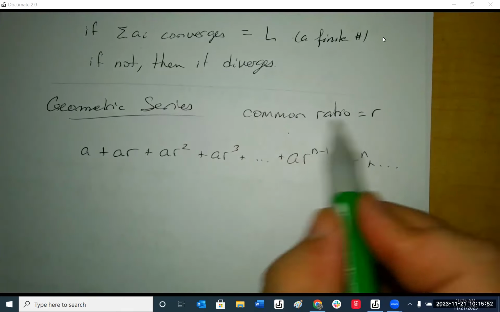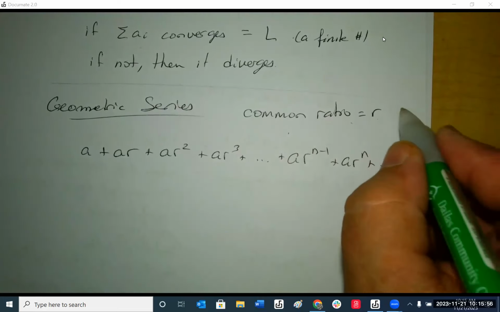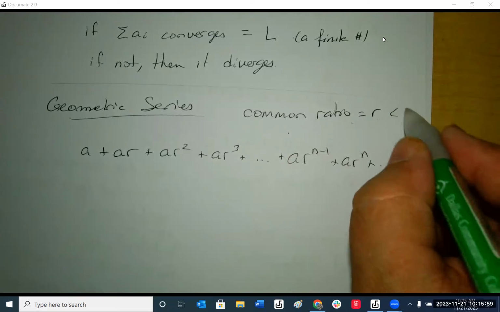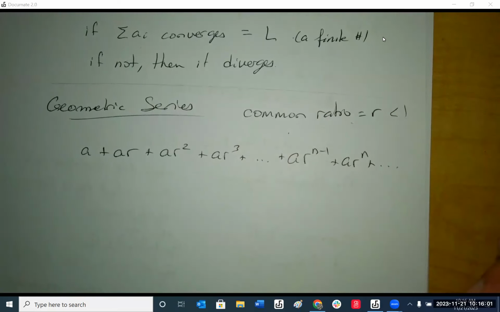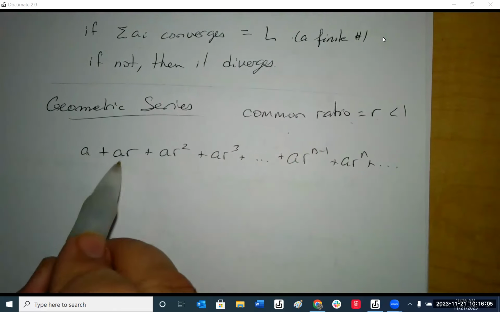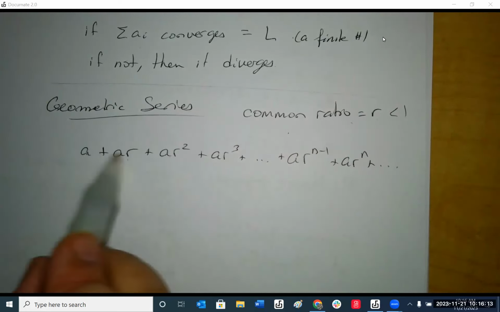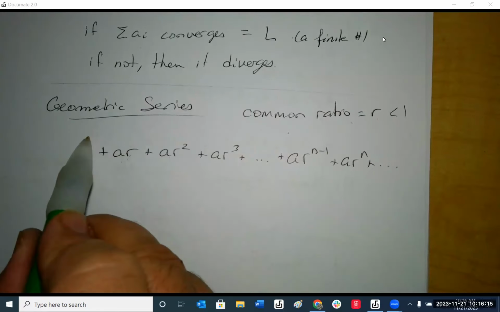Remember, in order to have a common ratio, this R is a fraction. To go from here to here, I have to multiply by the ratio. To go from here to here, I have to multiply. The arithmetic sequence is where you add, but for the geometric, we multiply.